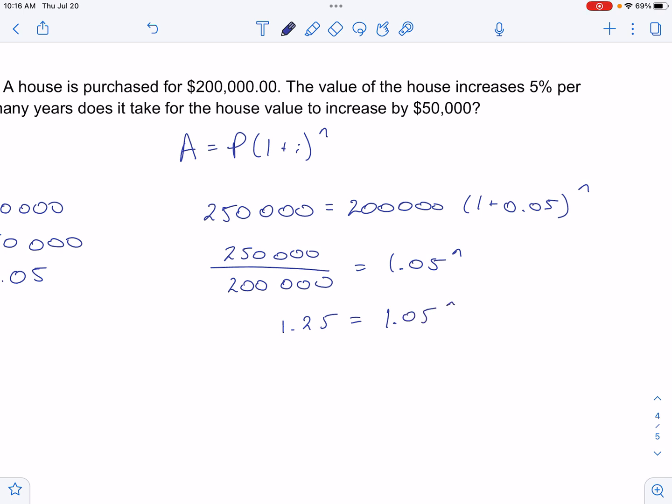We've taken this as far as we possibly can, and now we need to apply our log. We cannot solve this using exponential or following an exponential style because the bases are not the same. So we take the log of both sides. And this allows me to bring my n value out front.